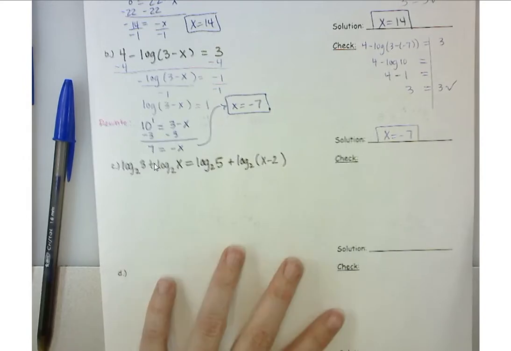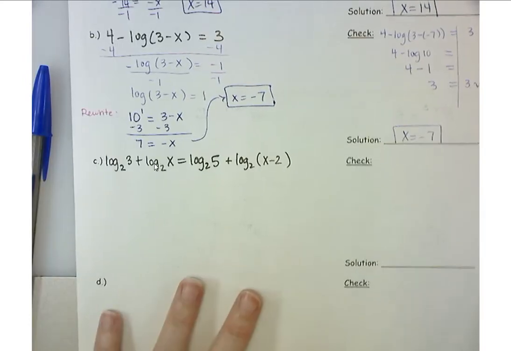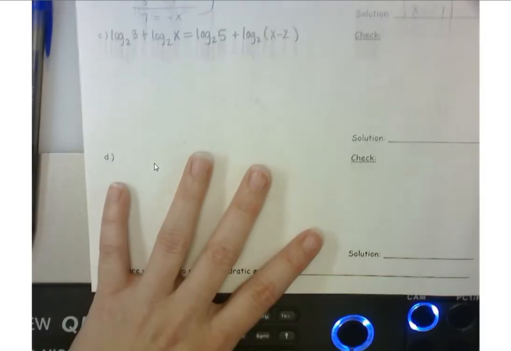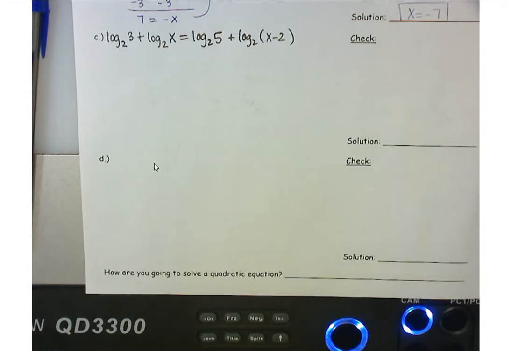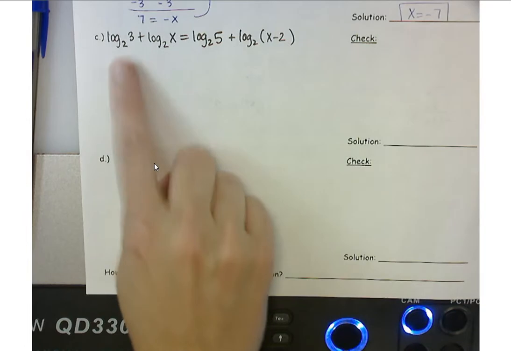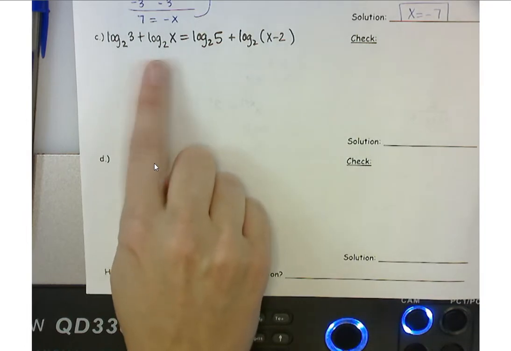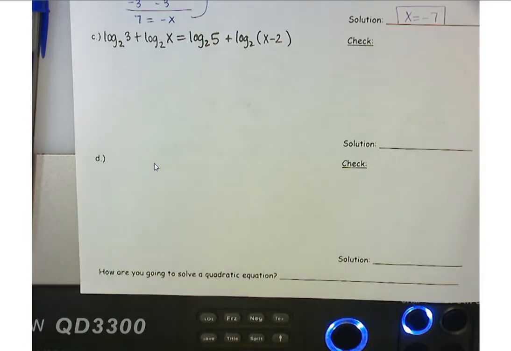Okay, so definitely a different setup than our other two because our other two had only one log in it. This one has multiple. So I have to condense my logs using my laws. Okay, so I want you to condense this one first.